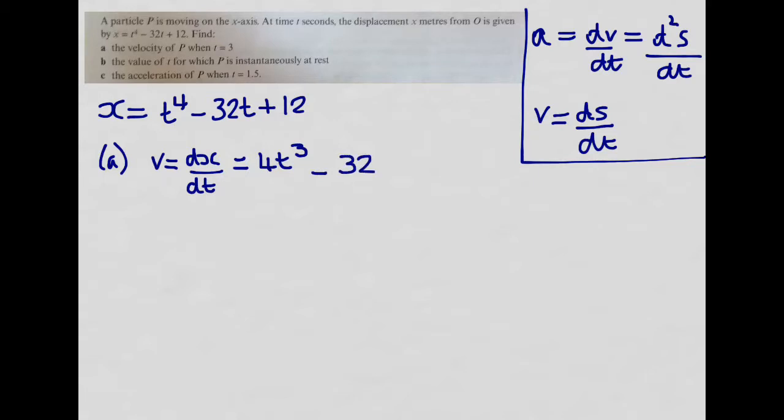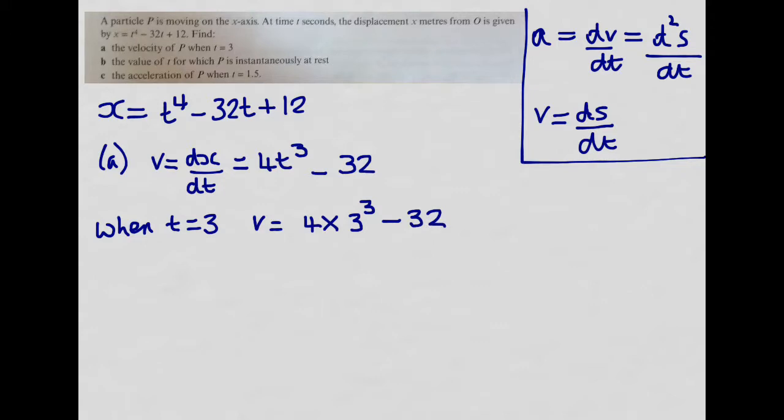But it says when t equals 3, so when t equals 3, v equals 4 multiplied by 3 cubed subtract 32.